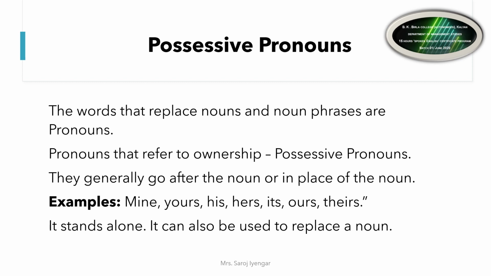For example, if I say that phone was mine, right? What I am trying to do here is refer back to a noun, replacing it to avoid repetition. I would not say that phone was, it was me.